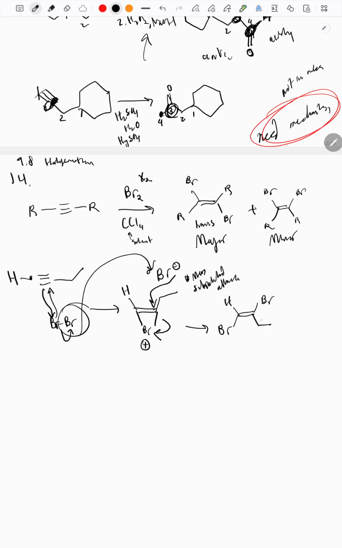Now, if we get the trans, this will attack, do this. We learned how to do this with alkenes. So just repeat, jump. And basically we will get something similar to what we did. Br still stays there. Plus charge.